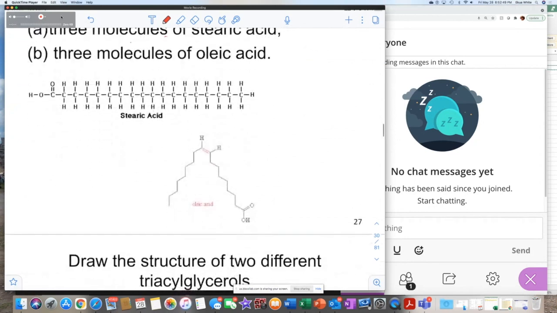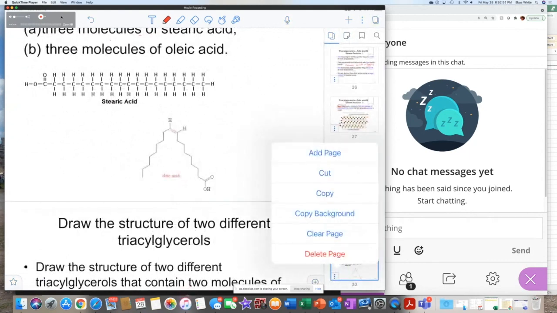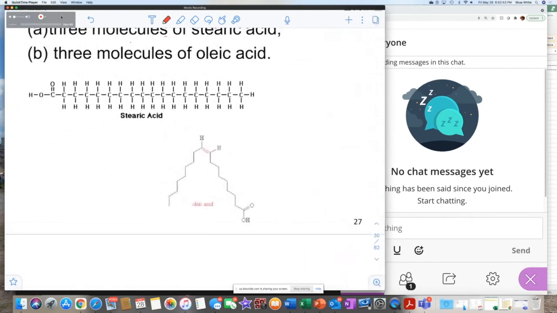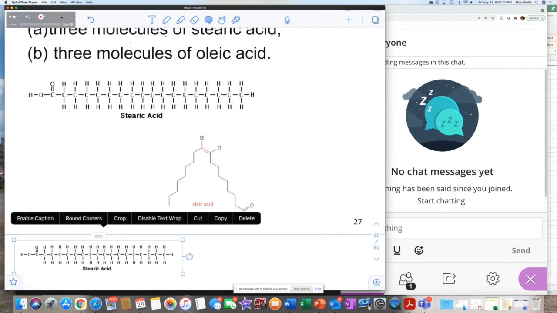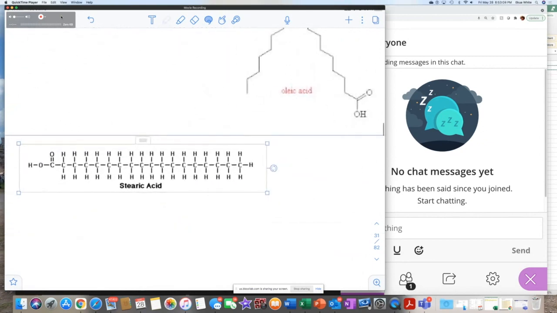Okay, can I do this? I'm going to draw the skeletal version because this looks like a lot. Oh, I forgot. I have it in this mode. Okay, I need to figure out how many carbons I have here. Oh, my eyes are burning.